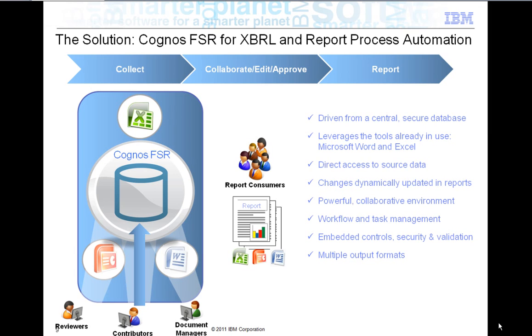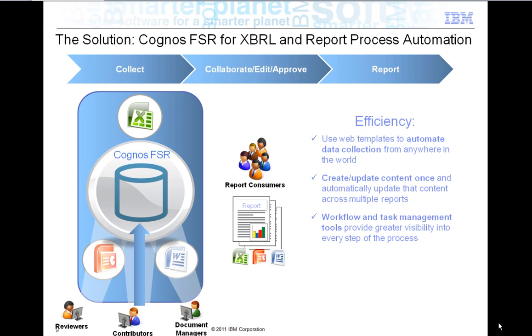Cognos FSR supports multiple output formats, Excel, PowerPoint, Word, all coming from a single source of information, but the output formats don't stop there. Additional formats I'll discuss in a little bit, but continuing down the path of efficiencies for a brief moment, you have the ability with Cognos FSR to make use of web templates to automate data collection from any of your data contributors anywhere in the world.